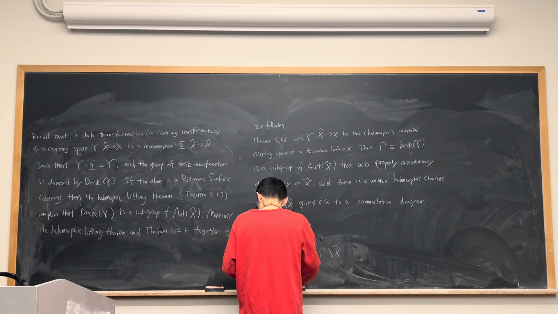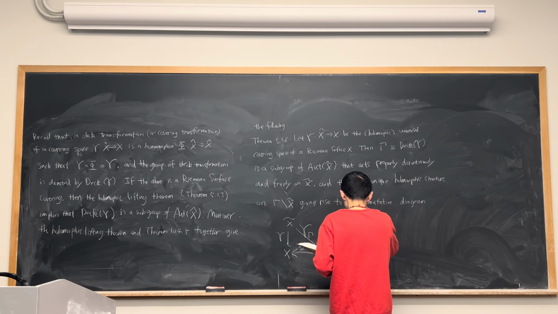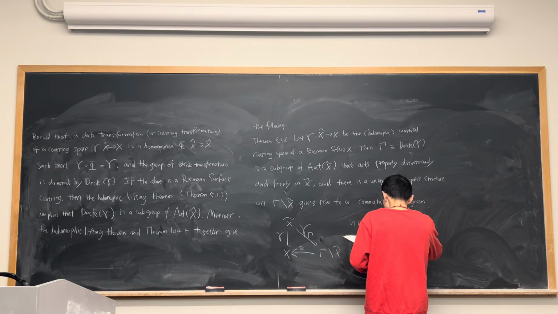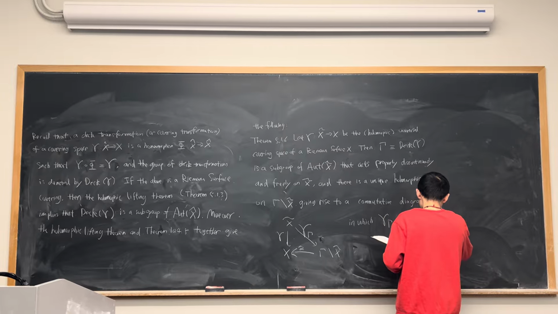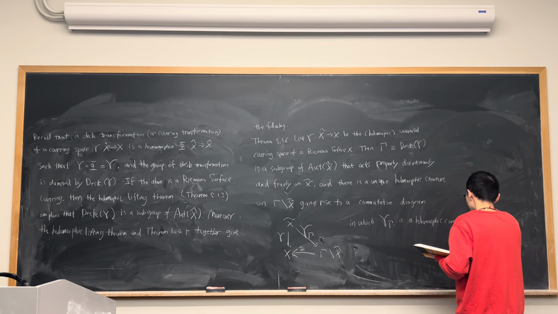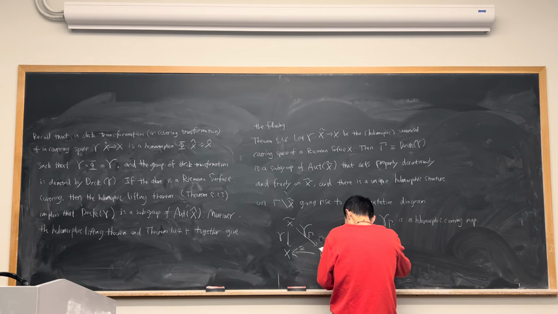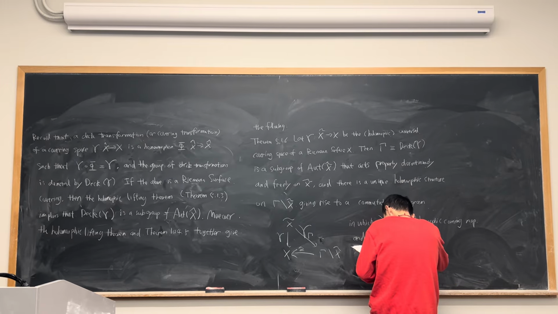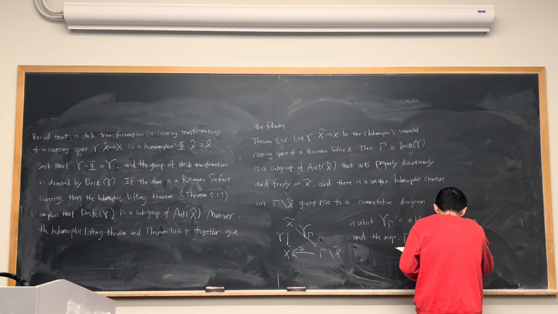In which the quotient map is a holomorphic covering map, and the map from the quotient space to X is a biholomorphism.